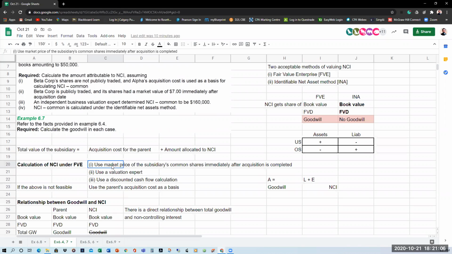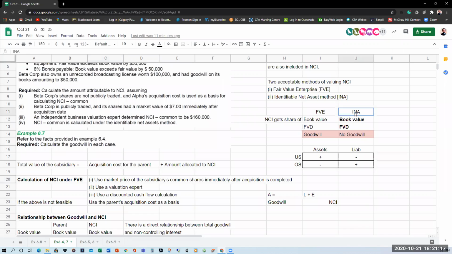However, do keep in mind that in real life, non-controlling interest ought to be computed these ways, or it is permitted that the company can choose to use the identifiable net asset method, where essentially what you do is allocate to non-controlling interest their share of the book value of the subsidiary and the fair value differences for all the identifiable assets and liabilities. No goodwill is allocated.